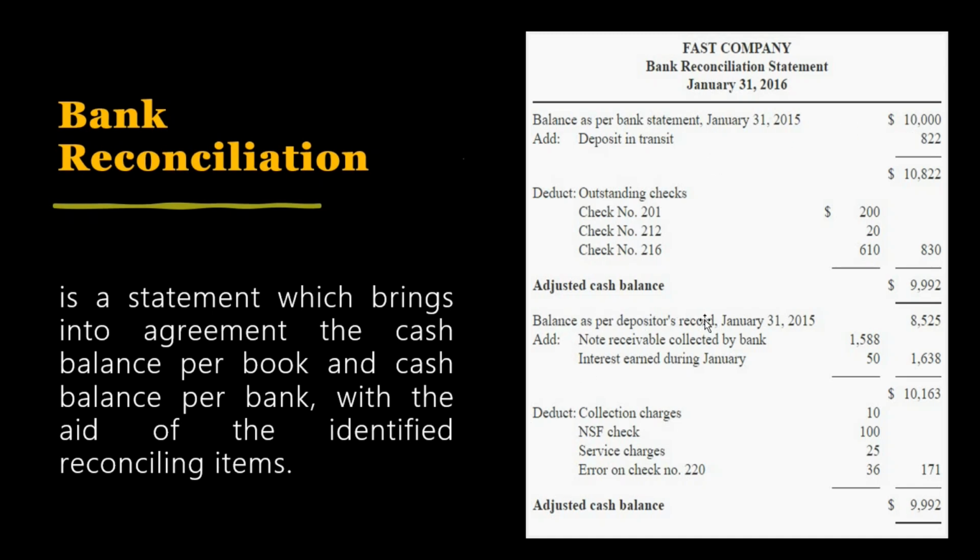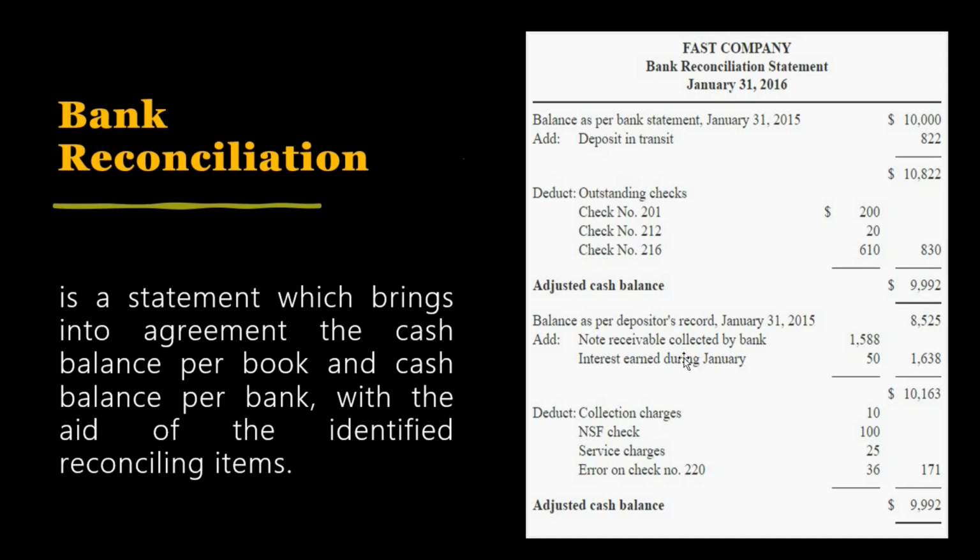Tapos, ang balance per record ng depositor is 8,525 lang. So, kung titingnan natin, hindi sila pantay, hindi sila equal. 10,000 and 8,525.